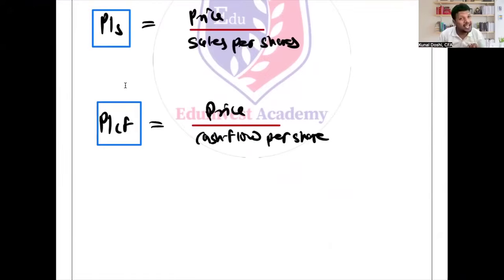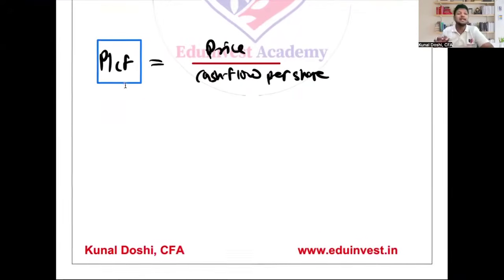Should I take operating cash flow? Should I take just the cash flow? Or should I take free cash flow? There are various ways to conclude which type of cash flow to go for. Yes, you can use any cash flow, but the cash flow which is most reliably used is the free cash flow. Free cash flow is more often used here.